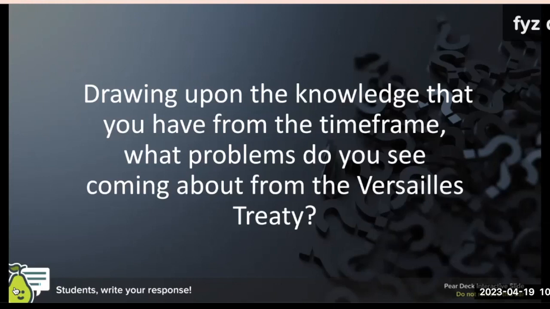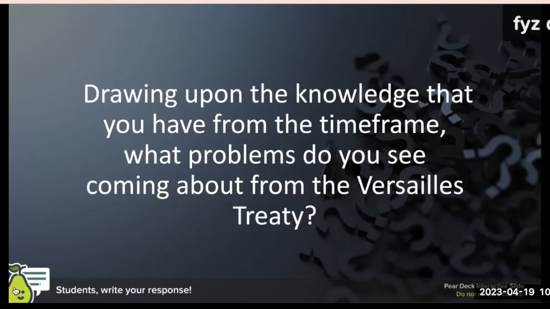They're also not really accounting for, number two, German resentment towards the treaty. And their resentment towards the treaty is going to bleed over into resentment towards the British and the French, since they are the ones who put the treaty together and enforced it, but also resentment against uninvolved parties like the Jewish population.